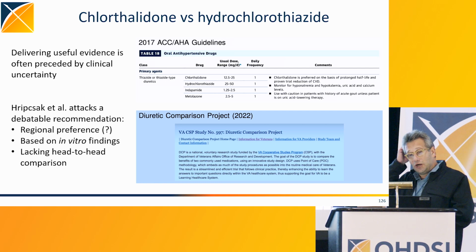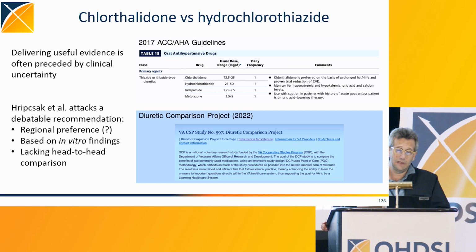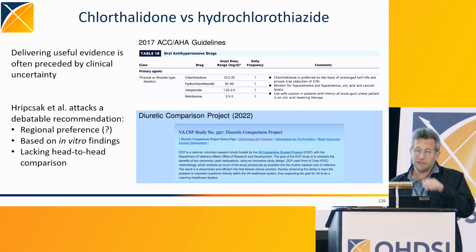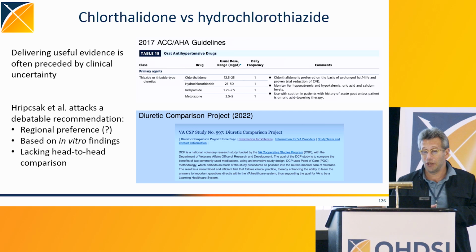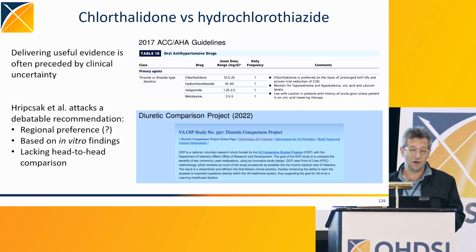And they made a large number of recommendations, which we've looked through in terms of the OHDSI hypertension study. But today we're going to focus particularly on a choice within the thiazide or thiazide-like diuretics. If I'm newly diagnosed with hypertension, should I, for example, start with chlorthalidone, or should I start with hydrochlorothiazide?